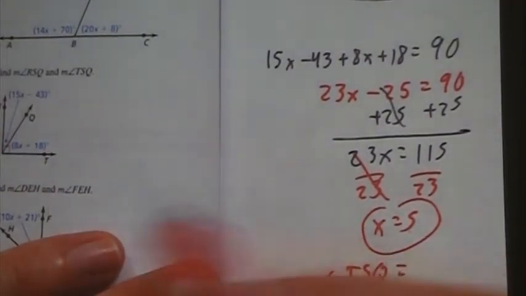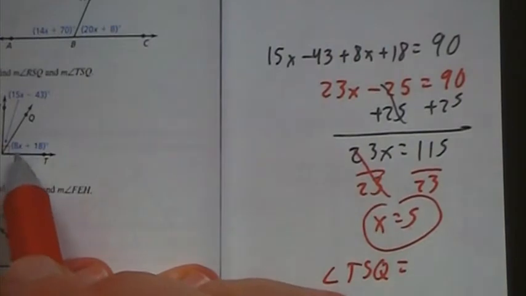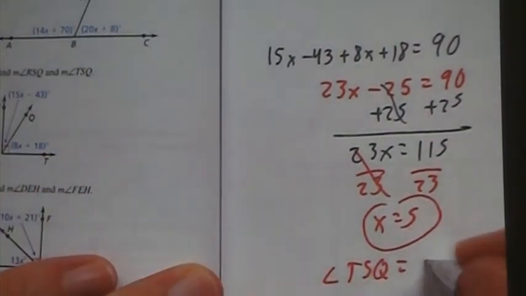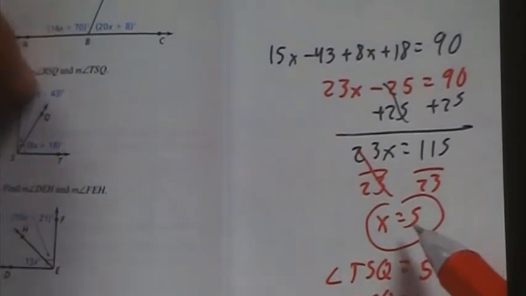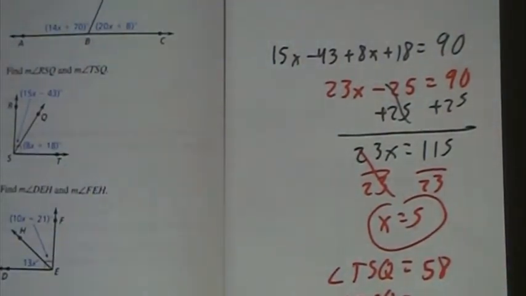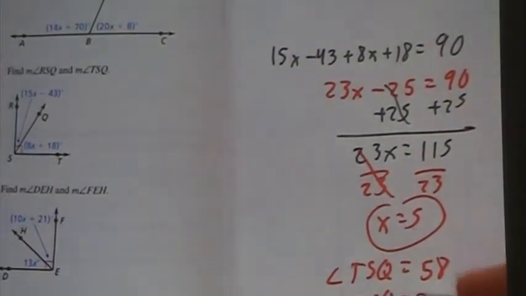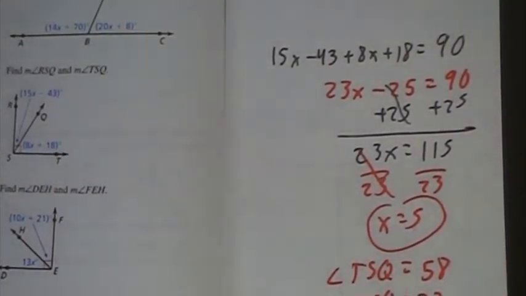That's my bottom angle. Put 5 in. 8 times 5 is 40. 40 plus 18 is 58. And then my other angle, I could plug the 5 in, or I could say, hey, I know the full angle is 90. If I subtract 58 from 90, I know that's 32. Boom, done.